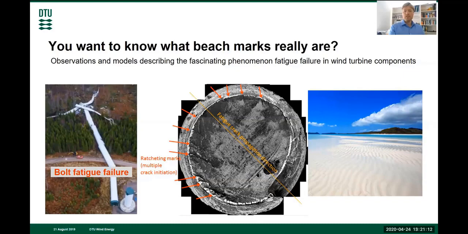So because of this insidious behavior of this failure mode, we have dedicated an entire module of this course to high cycle fatigue. You will learn how to see and identify a fatigue failure by looking at the fractured surface, what the characteristic elements are.